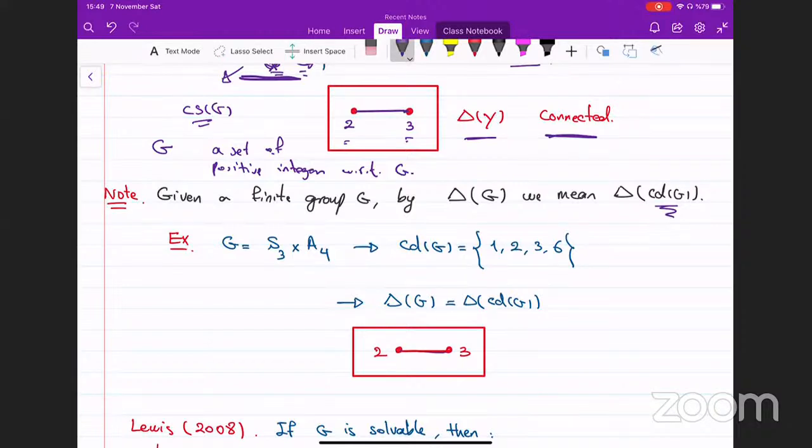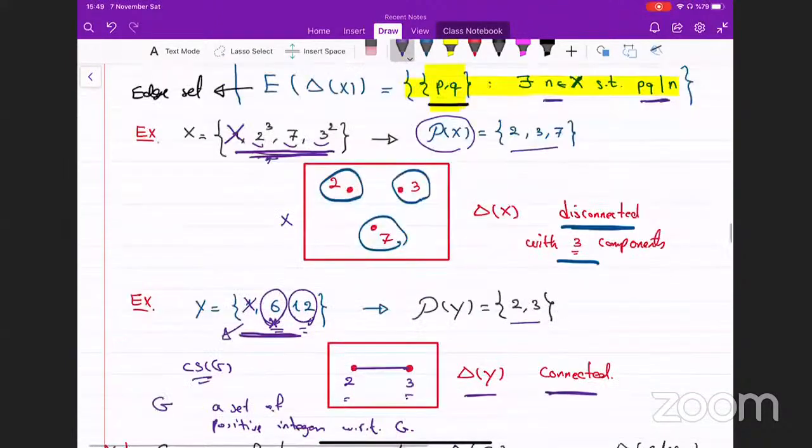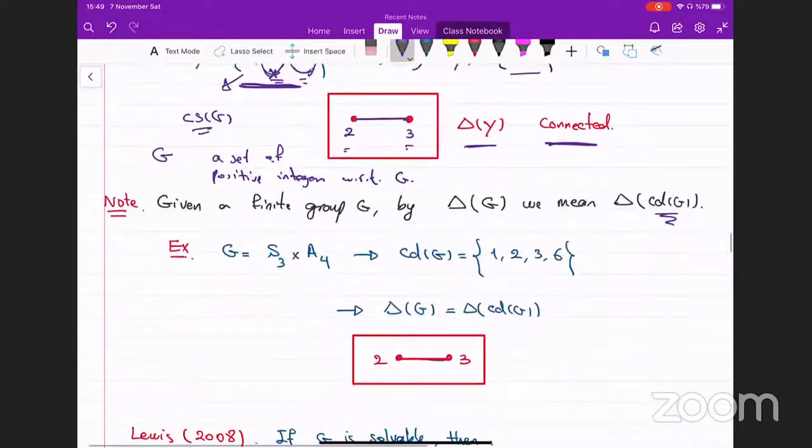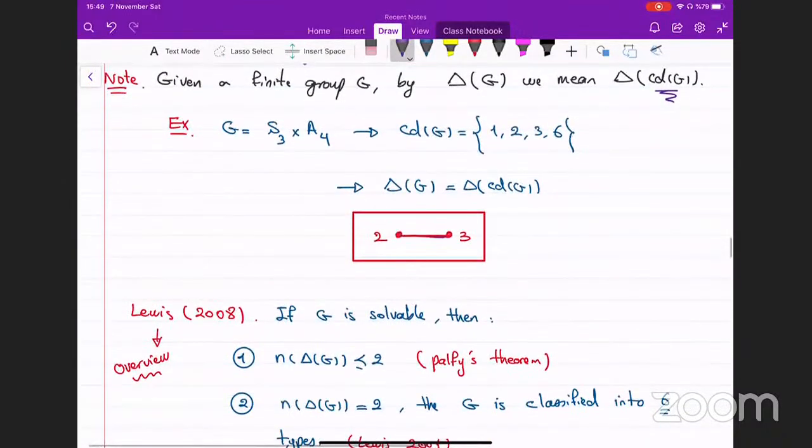So instead of X, remember this definition, here we work with X equals CD(G). Okay? So given a finite group G, what do I mean by delta of G? I mean delta of CD(G).